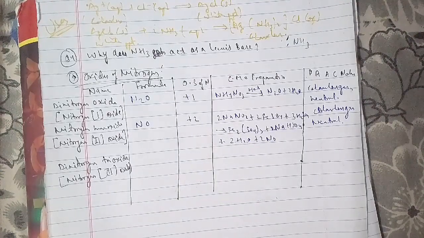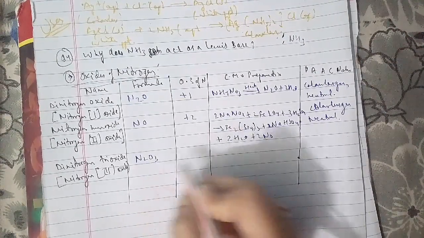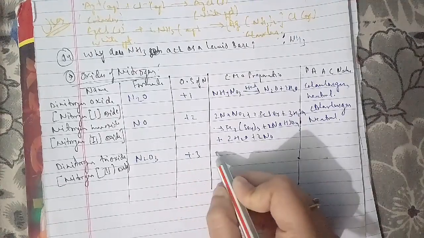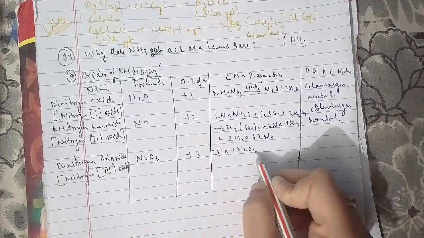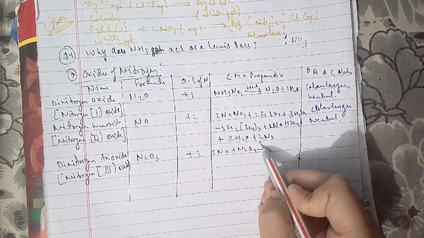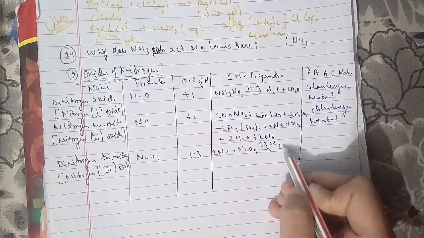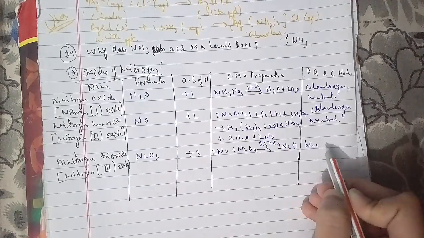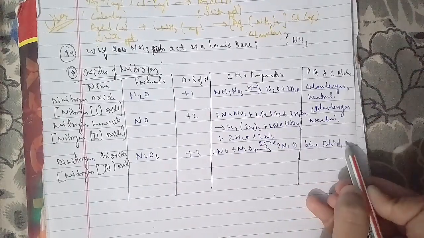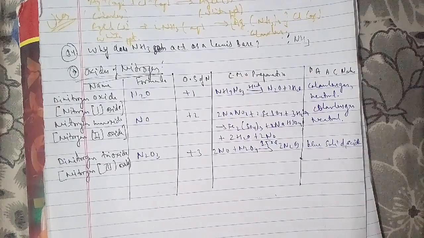The formula is N2O4, and the oxidation state is +4. On cooling, 2NO2 gives N2O4, and the reverse process is heating. It is a colorless solid or liquid and acidic.